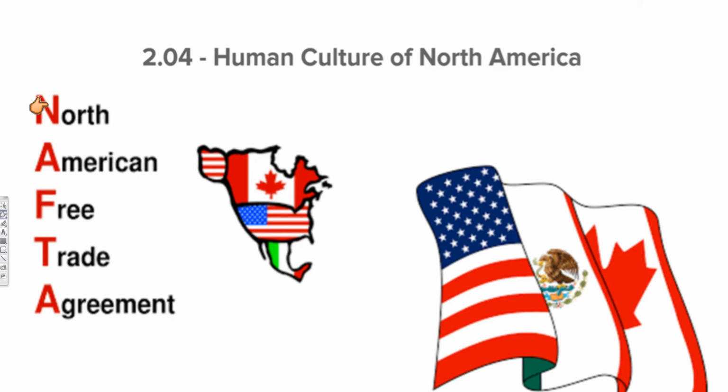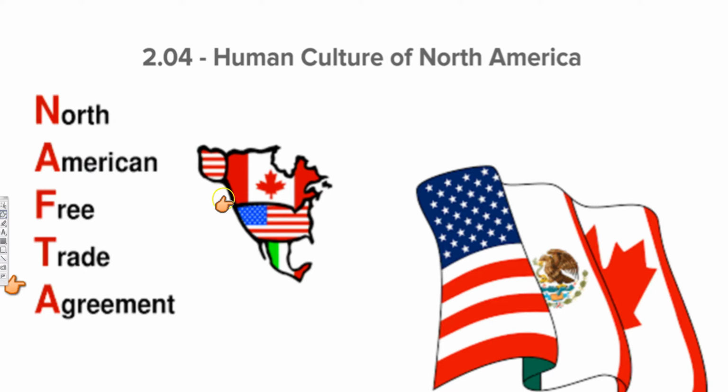One last thing we're going to talk about is NAFTA, the North America Free Trade Agreement. It has now been abolished, even though it's in the curriculum, and renegotiated according to President Trump.